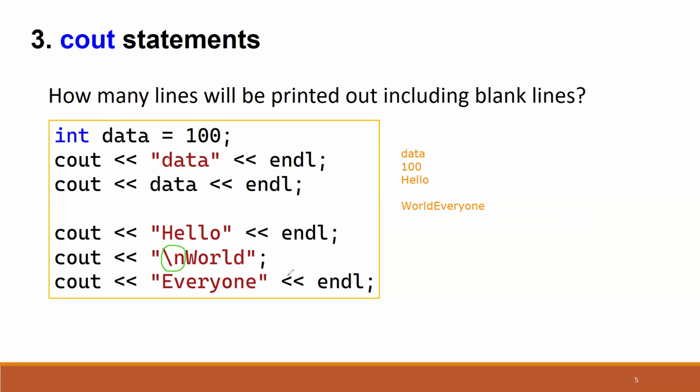In the test there will not be endl there; it is already confusing. So anyway, 5 lines, not 6. Data, enter. 100, enter. Hello, enter. One more enter, and world and everyone together. So including blank, there are a total of 5 lines.